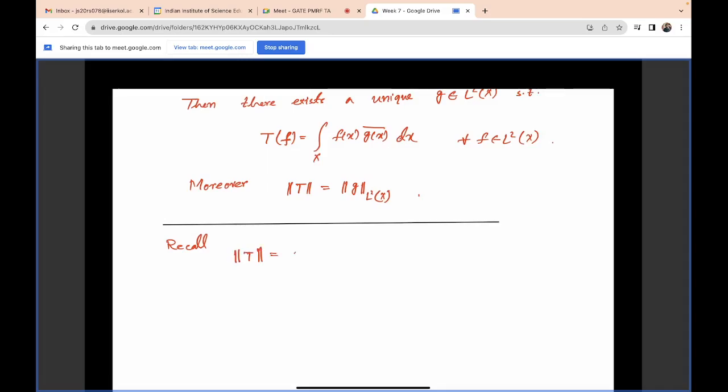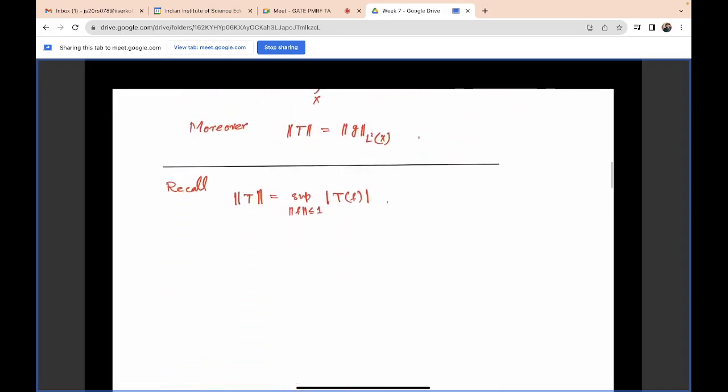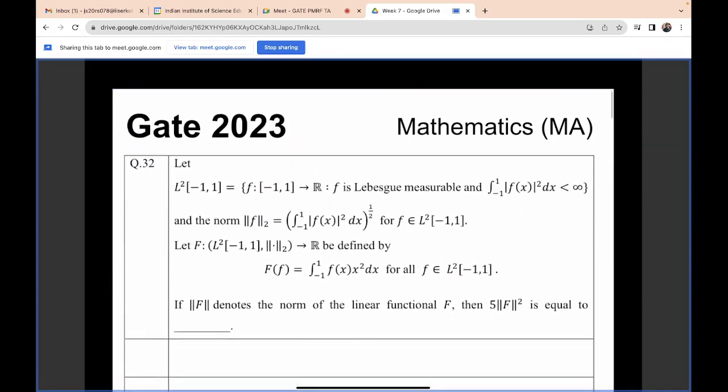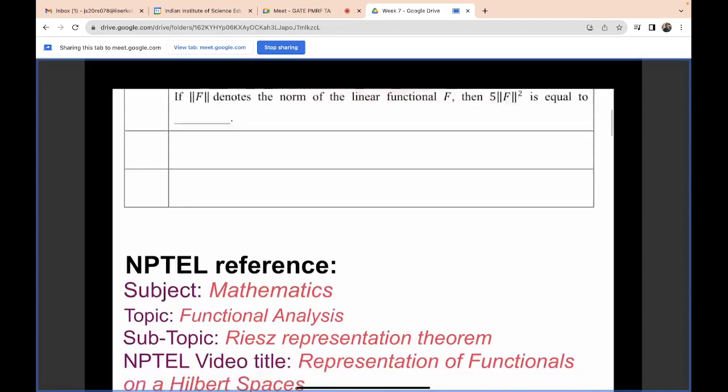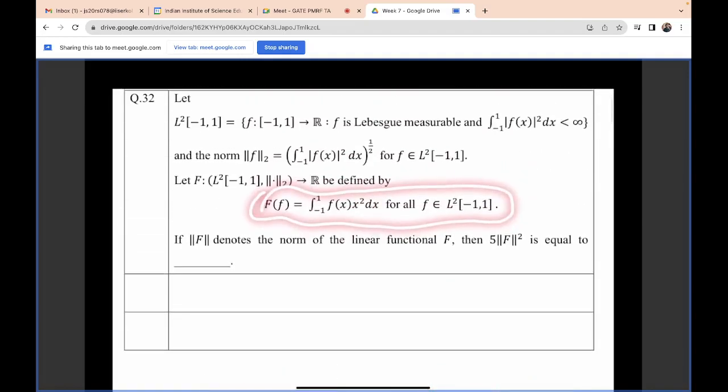It is given by the supremum over all f with norm less than or equal to 1 of the modulus of Tf. So this is the functional norm of T, and the norm of g is the norm in L2. Now here we have the functional given by this. So this is a functional on L2 of minus 1, 1.